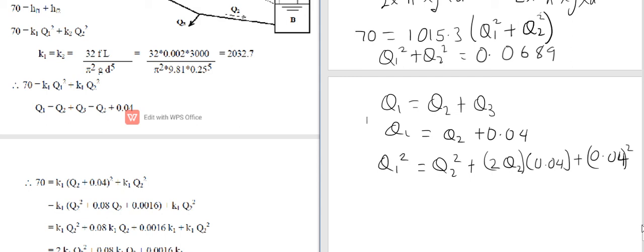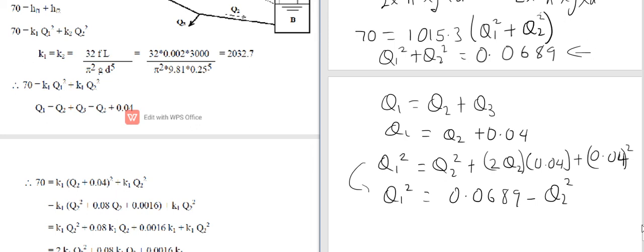So here in this equation, let us make Q1 the subject of the formula. Q1 squared will now be equal to 0.0689 minus Q2 squared.